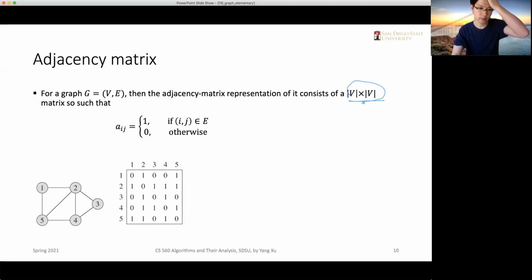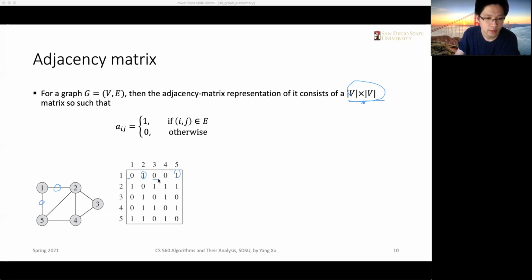You can see the example of a simple graph on the left represented by the matrix on the right. There's a connection between 1 and 2, so there's a 1 here. There's a 1, 5 connection, so there's a 1 here.